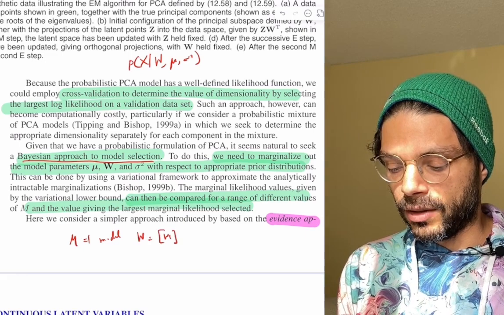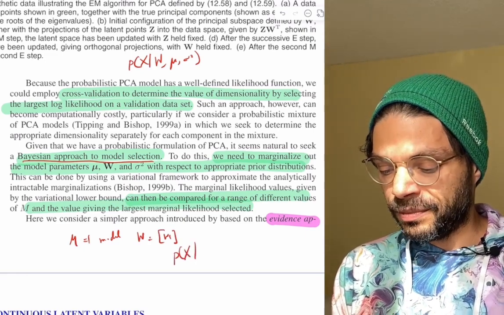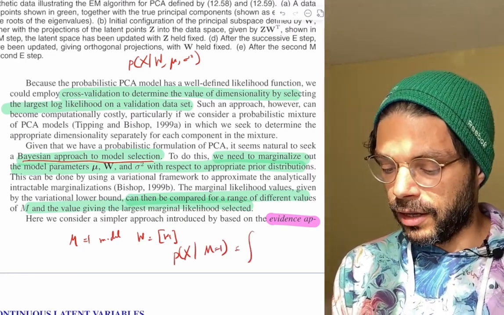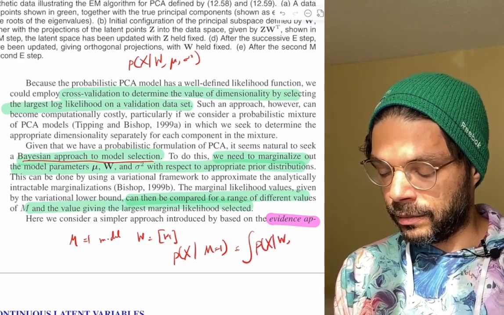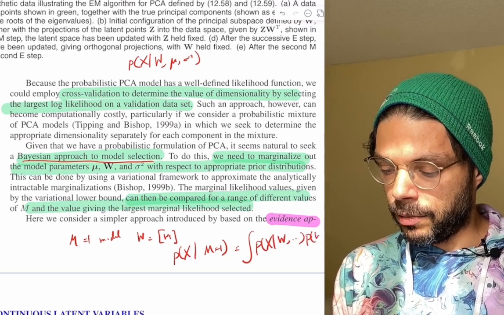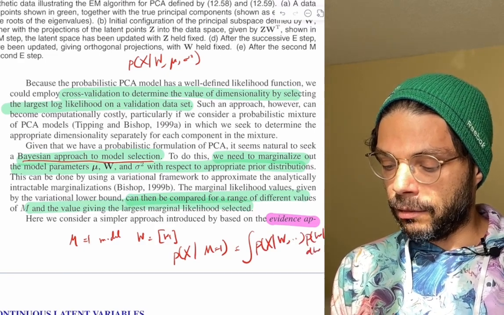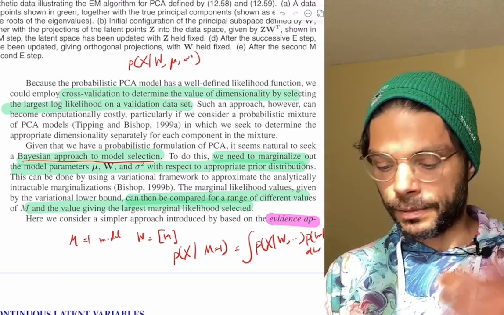And now you would say, okay, what is the probability of our data given M equals 1? That would be the marginal likelihood. So you would integrate out this W, the probability of the data given W and the model, times the probability of W given your model, dW. That's in principle how you would do it. And then you would compare those.